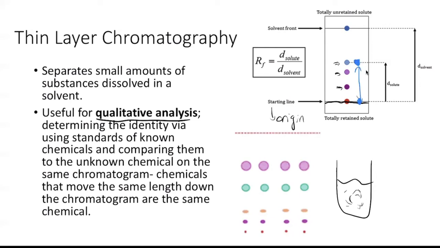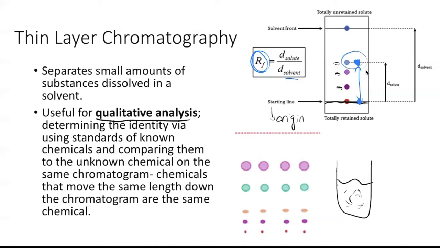If that's the case, we can see that they have a similar RF. RF is a measure of how far the solute has traveled from the origin compared to how far the solvent has traveled. If this RF value is similar for both, then under the same conditions, and the conditions have to be the same, if we get the same RF, these two molecules must be the same.